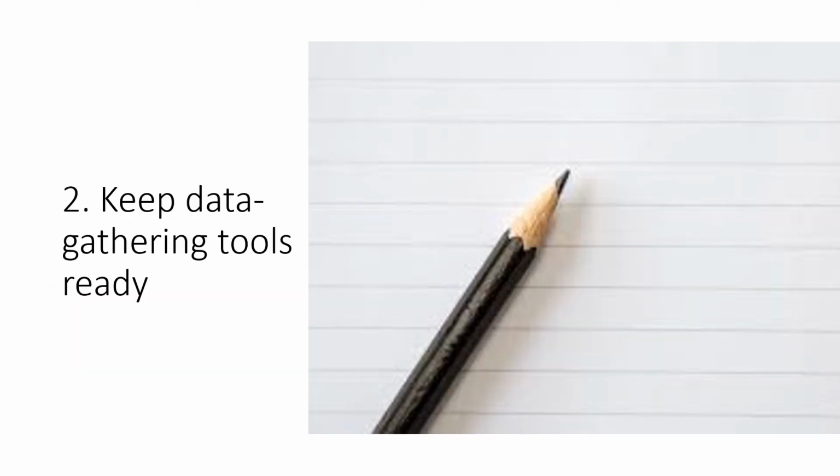Go to the library armed with data gathering tools. Bring a laptop with your database set up and ready to go. If you decide to go low tech, then the paper and pencil route is fine as well. You should have some systematic way of recording the information you collect, ideally one that will also allow you to easily organize it.